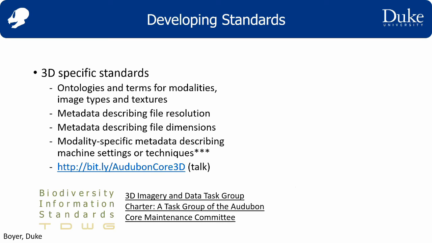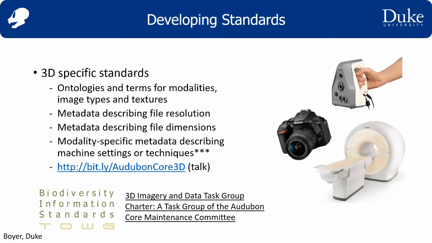It becomes absolutely crucial when we talk about 3D formats because they're so much more complex. And a lot of this work, I've been working on separately with the working group in TDWG, and we're trying to push forward a standard enhancement or extension of the Audubon Core vocabulary so that we can report more richly through IPT about these 3D files.